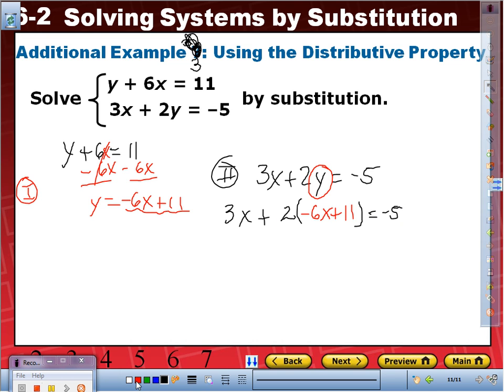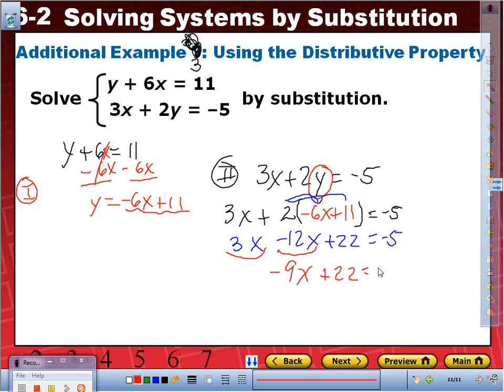So now let's solve that. For step 3, we need to solve for the variable. But before that, we need to distribute the 2, don't we? Yeah, so let's distribute that. 2 times negative 6x, negative 12x. 2 times 11, positive 22. Bring everything else down. Okay. Combine like terms. 3x minus 12x, that's negative 9x.